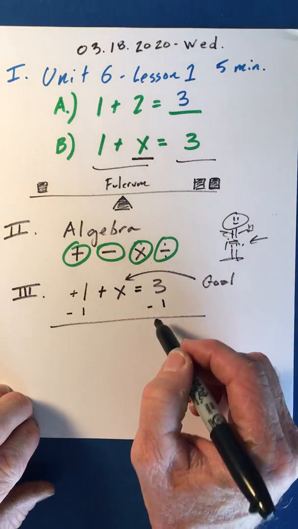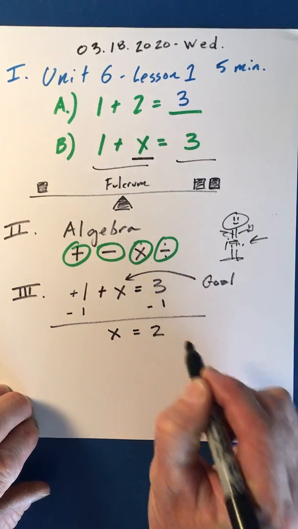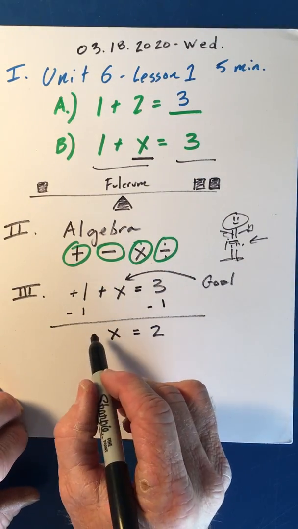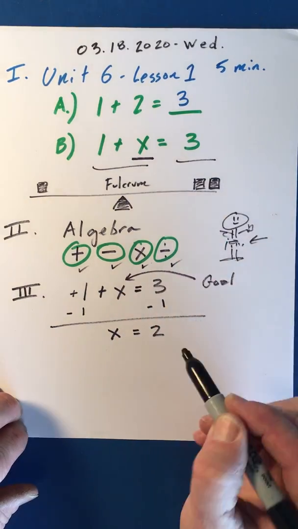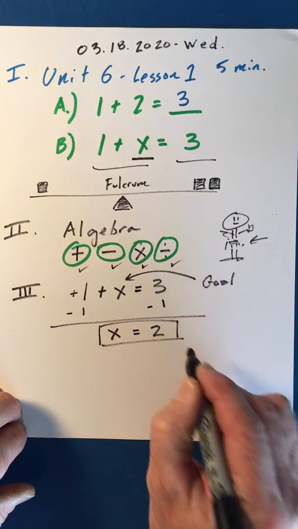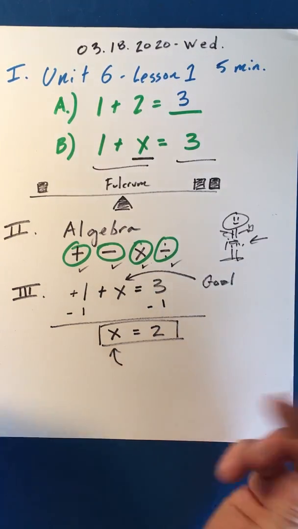And if you check out 3 minus 1, x is now equal to 2. I haven't really changed anything. All I've done is use one of my tools from my carpenter belt, one of my 4 tools. I've now got the x by itself on one side of the equal sign. That was our goal. It's really like a game.